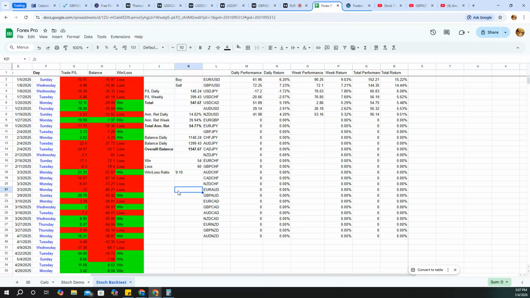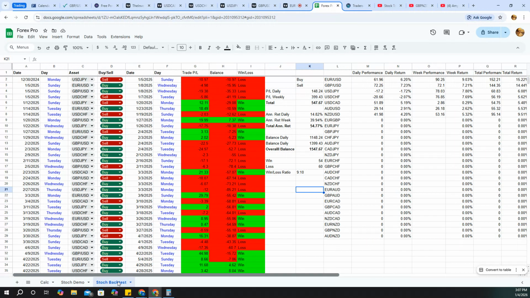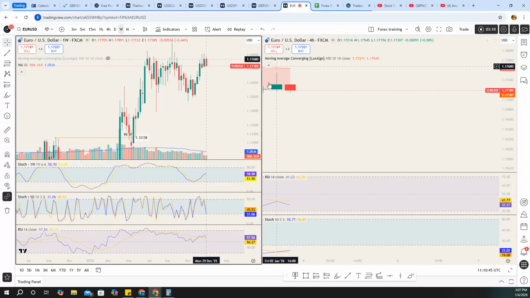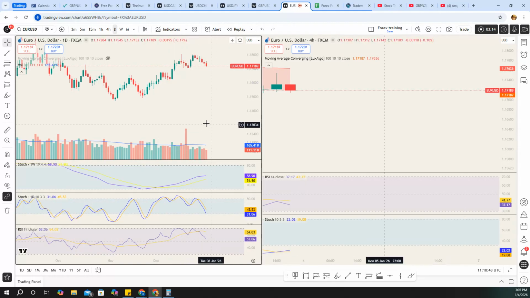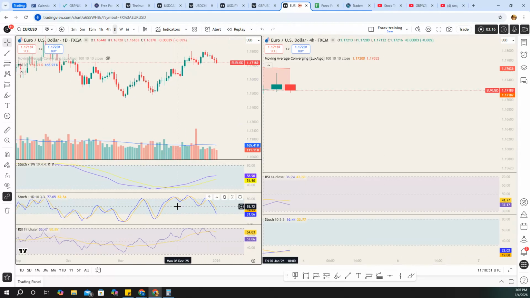So those are the results of the daily. Let me first tell you what I have been doing. Let's put this on the daily. The playbook is very simple. So when this is above the 82 or within that higher band, if the crossing of the K to the D happened above or in an area near the top, I would take a sell.